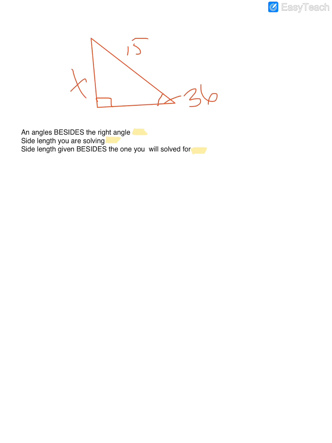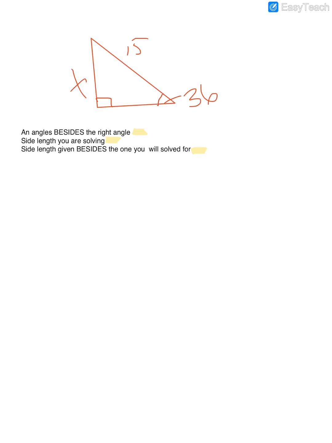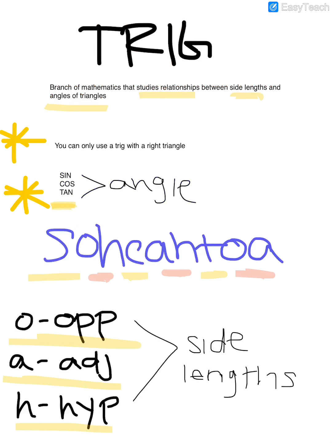So let's just jump right in. And I want to refer back now to SOHCAHTOA. And it is on this last page right here, but I will go ahead and rewrite it on the new page as well. SOHCAHTOA. I won't write what each thing means because once again, I did write that down on the last slide and we can just go back and refer to it whenever we need to.